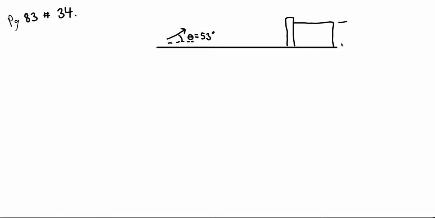From the information, it says that this is 1 meter above, so this is 7 meters, and this is 6 meters. And it tells me the distance from here to here, and that was 24 meters.